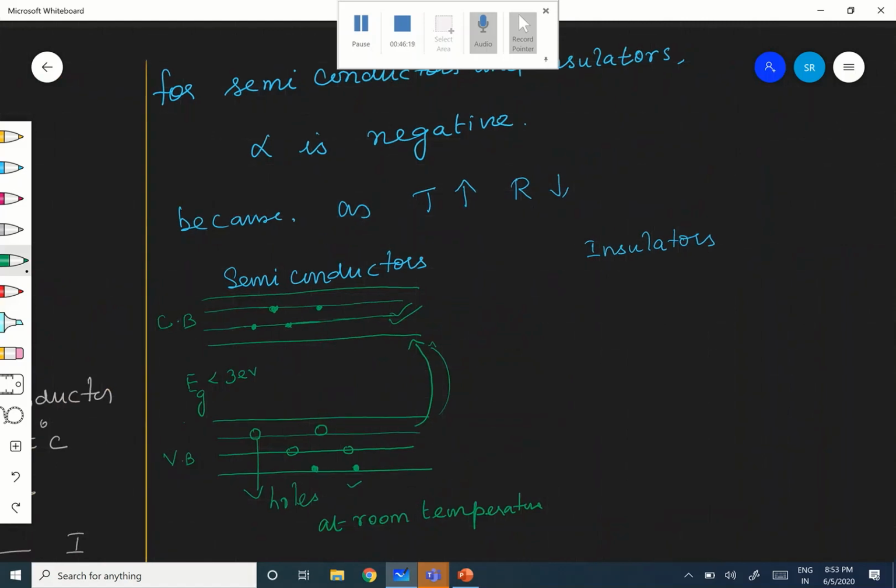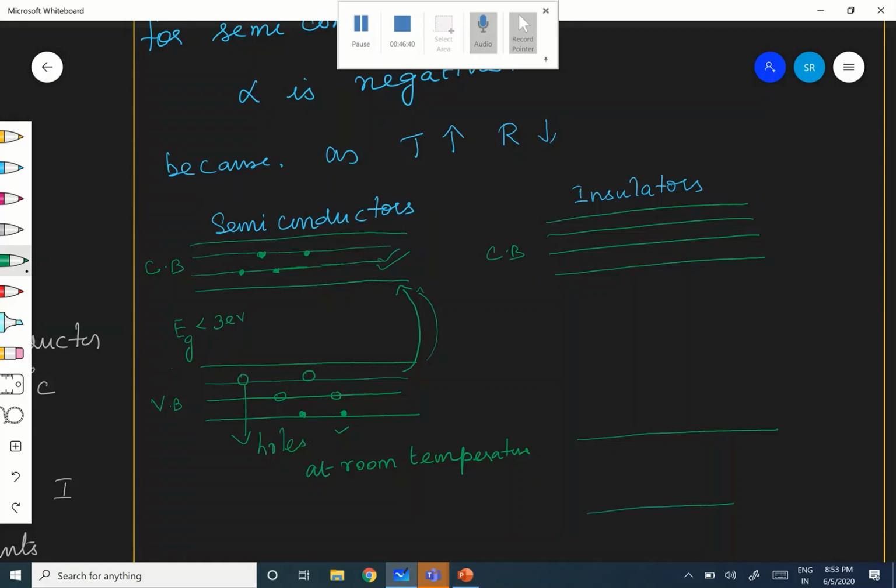But if you come to insulators, what is the difference between semiconductor and insulator? See here, in insulators the conduction band is there. These are energy levels, and here is the valence band.